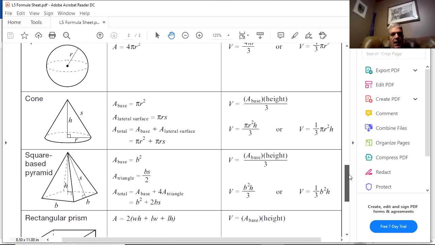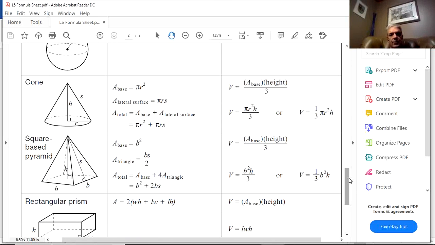Now we have the cone. The cone's a very interesting shape as well. We have a square base pyramid. You could also have a triangular base pyramid, but we stick to square base pyramids, okay? And they have the volume formulas written out, and the surface area is written here, and they break it into its individual pieces.